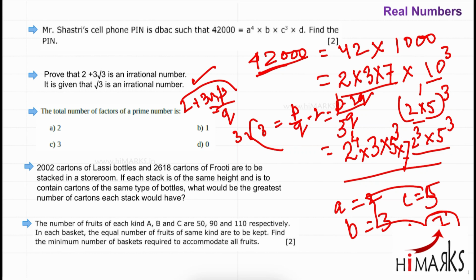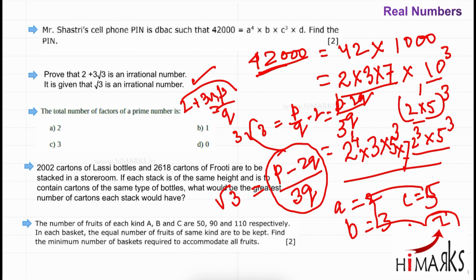Now you take this 3 to this side, so root 3 will be p minus 2q by 3q. So this is a rational number. Since p and q are integers, this fraction represents a rational number. But root 3 is irrational, so the first assumption was wrong. That is the way you have to put it.